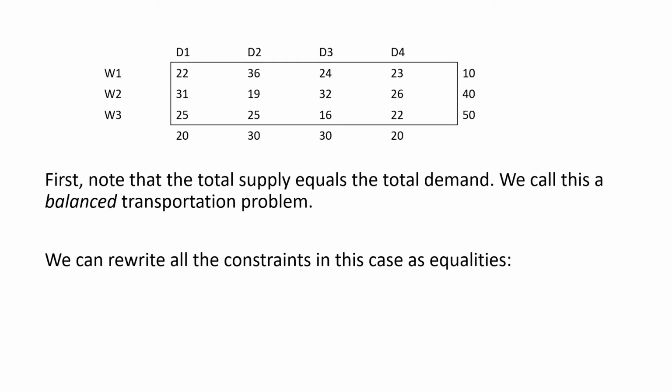But we can write things a little bit more compactly, again, using that table that we started with, where the numbers in the table are the cost of shipping from each warehouse to each distributor. On the right-hand side, we have the amount available in each warehouse. And on the bottom, we have the amount that each distributor requires.